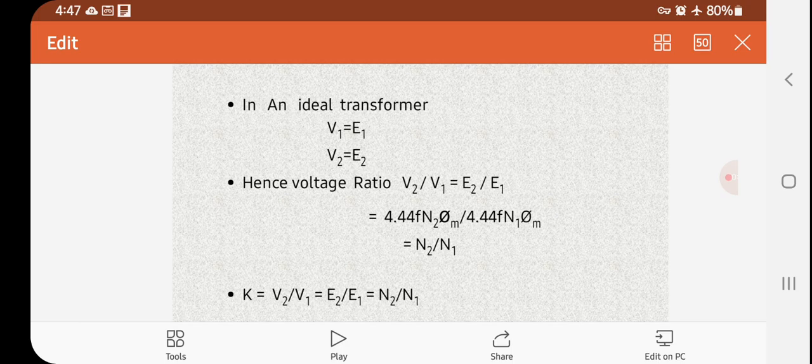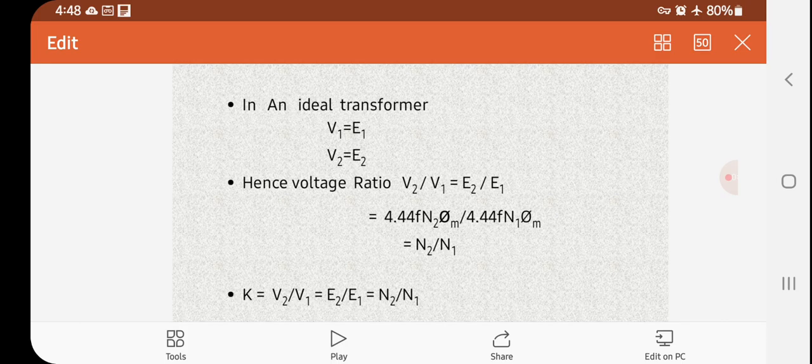Then V2 by V1 is equal to E2 by E1 is equal to 4.44 f N2 phi m by 4.44 f N1 phi m. After calculation, V2 by V1 is equal to E2 by E1 is equal to N2 by N1 is equal to K. So here the constant K is known as voltage transformation ratio.